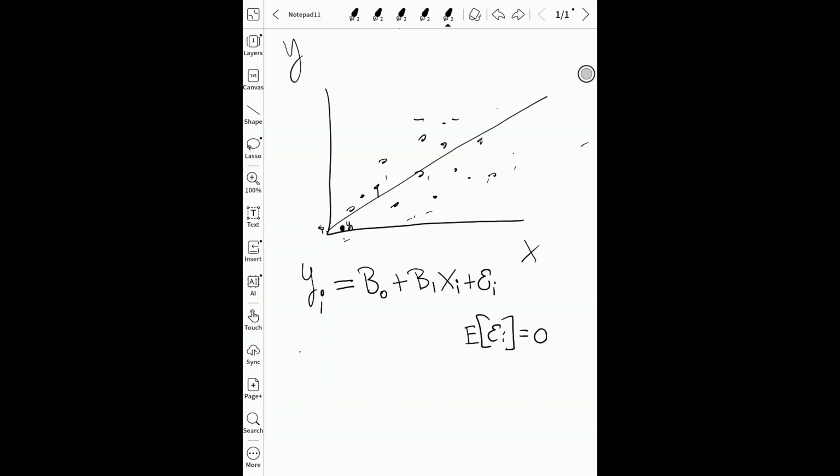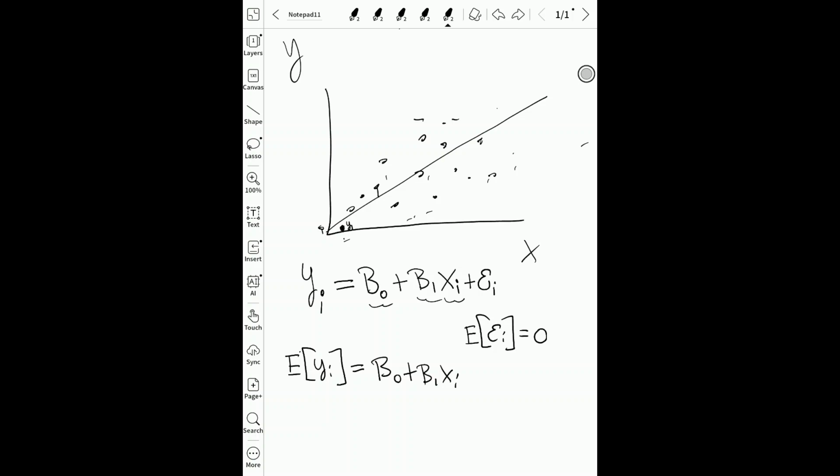And the reason that we do that is when you see that, then you know that the expected value of yi is equal to, if we treat all of these components as constant, then the expected value can be nothing else but b naught plus b1 xi, right? Because the expected value of those error terms is just going to be 0.